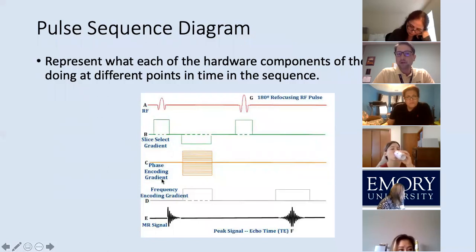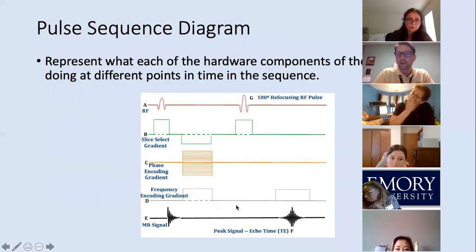And then we have our gradients, the next three lines. We have our slice select gradient, our phase encoding gradient, and our frequency encoding gradient. So these create our spatial localization, but they are also going to be required to rephase and dephase our spins in a gradient echo pulse sequence.